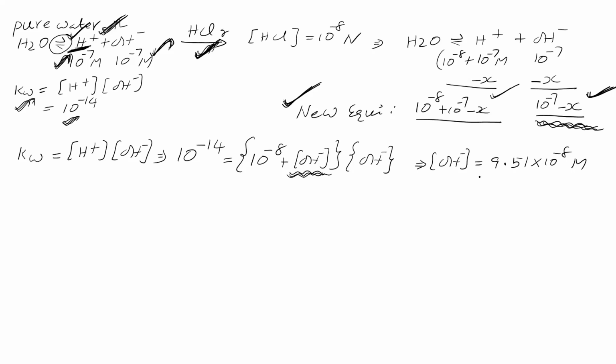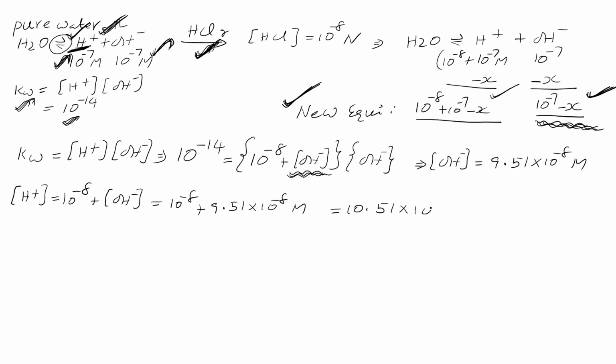Then we will go for the concentration of H plus. In order to find the pH, concentration of H plus is equal to 10 power minus 8 plus concentration of OH minus. Now we substitute the OH minus concentration, 9.51 into 10 to the power of minus 8 molar. Therefore, we get 10.51 into 10 to the power of minus 8 molar.